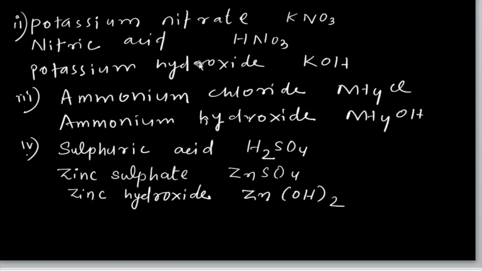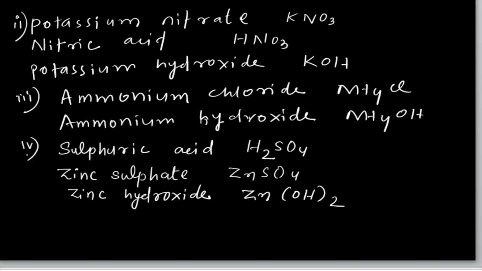Potassium nitrate means the acid is HNO3 and the hydroxide is KOH. Ammonium chloride means ammonium hydroxide, NH4OH, and hydrochloric acid. Then sulfuric acid, zinc sulfate and zinc hydroxide, Zn(OH)2.